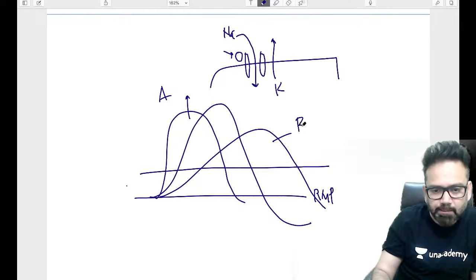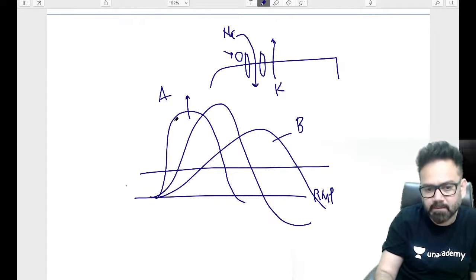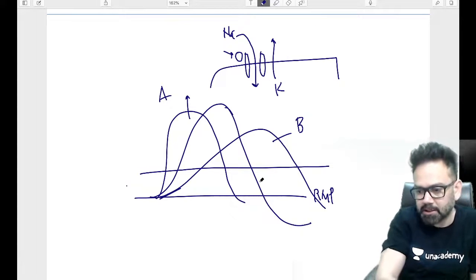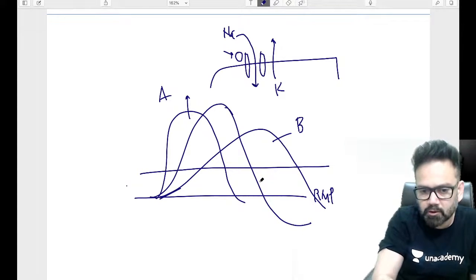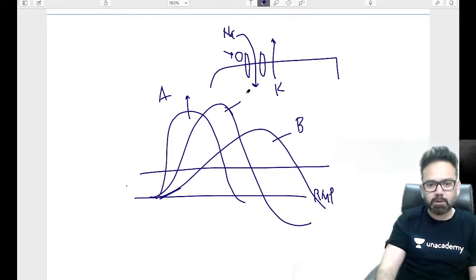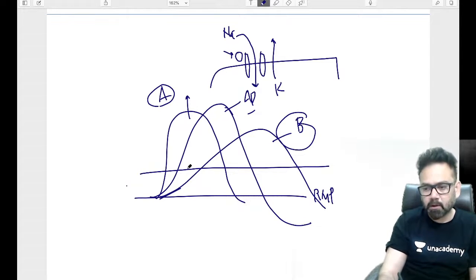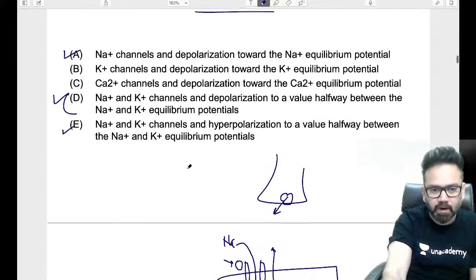A is showing the permeability of sodium. You can see when depolarization starts, permeability of sodium is very high, while permeability of potassium is low initially. After that, it becomes very high in repolarization. This is the diagram given in Ganong and everywhere. A is showing permeability of sodium and B is showing permeability of potassium. So both are permeable, not only one.